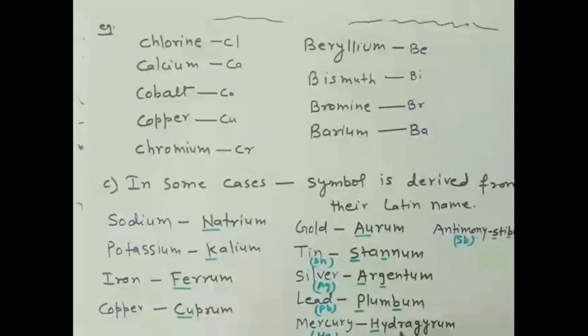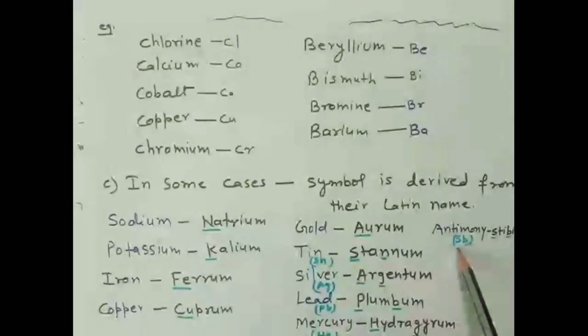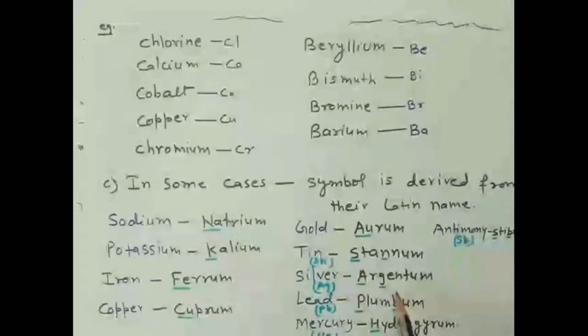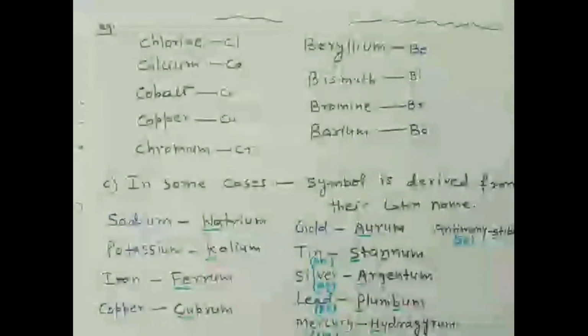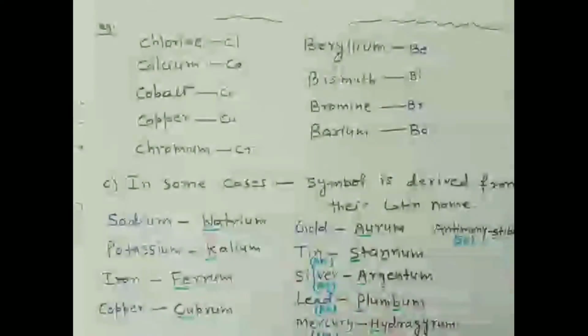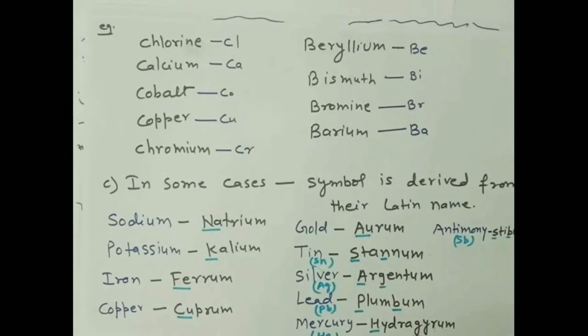Mercury, the first and sixth letters of its Latin name hydrargyrum. Antimony, the symbol is Sb, which is derived from its Latin name stibium. So a symbol can be derived from the first letter, from two letters of the name, or from the Latin name.